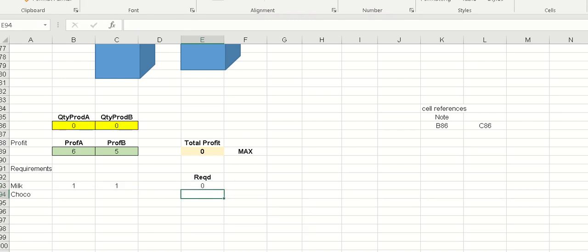And so this is the required milk. Must not go beyond, but what is the supply? I mean, what is the maximum? What's the upper limit of this?